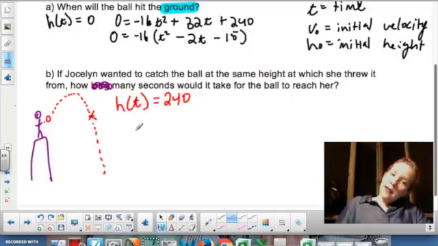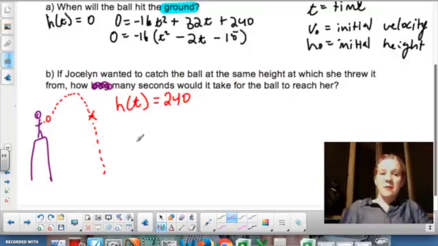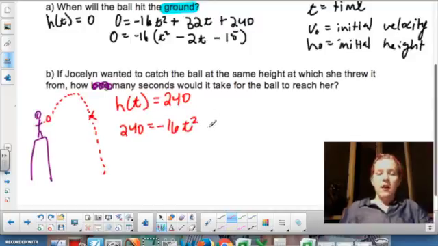So when we plug in our information, most of it is going to be the same. The only thing that's different is instead of 0 equals, I'm going to have 240 equals. My -16 is always going to be there, plus 32 is still my initial velocity, and plus 240 is still my initial height.